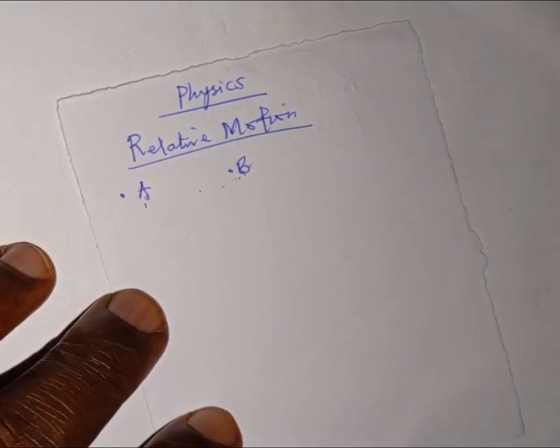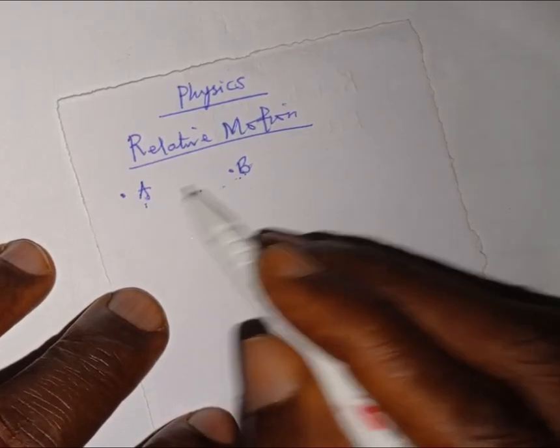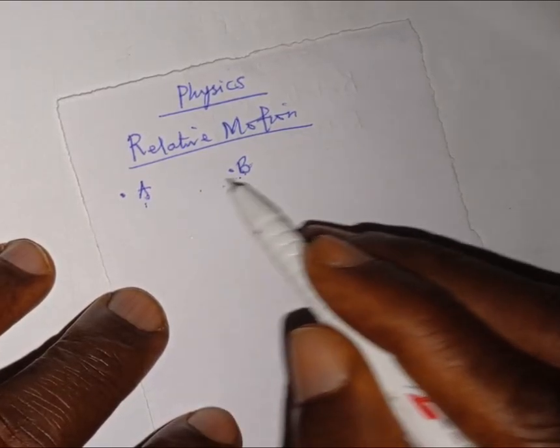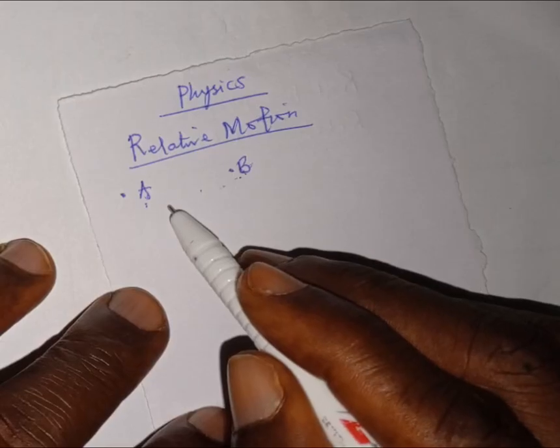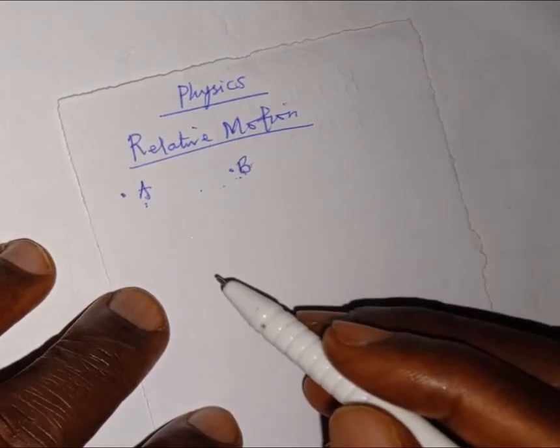So relative motion is simply comparing the motion of two bodies relative to each other or relative to another body.